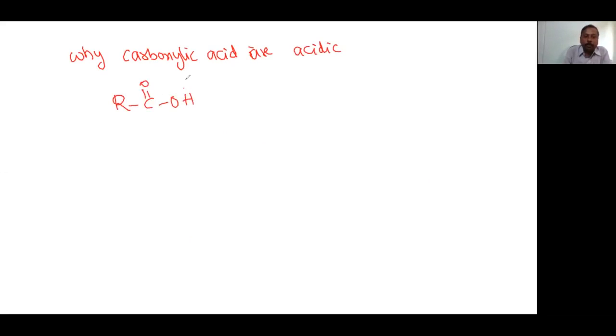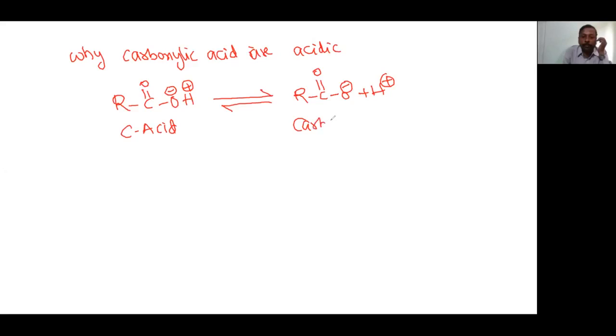There will be a partial positive charge and a partial negative charge. Anything which furnishes H plus in aqueous solution is called an acid. Now here it is carboxylic acid; in short, I will write C acid. Next it is the carboxylate ion. What ion?